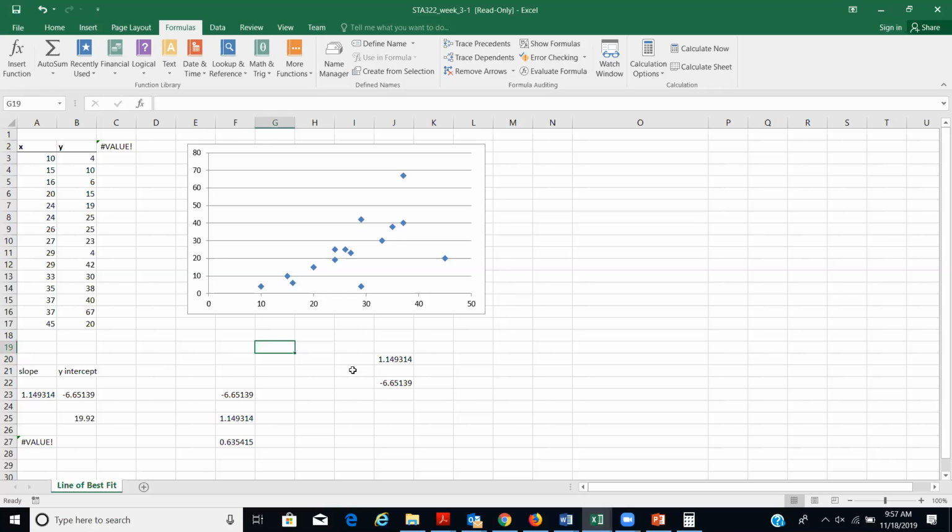A high correlation coefficient would indicate that they're very closely related, that their behavior is very closely related. A low correlation coefficient indicates that they may be sort of related, but not very much.